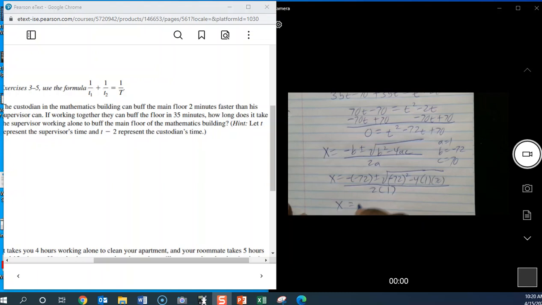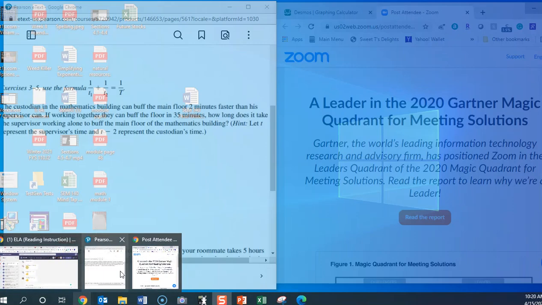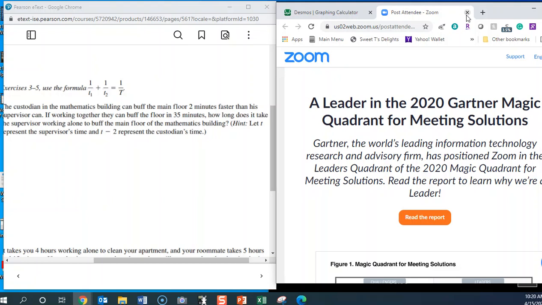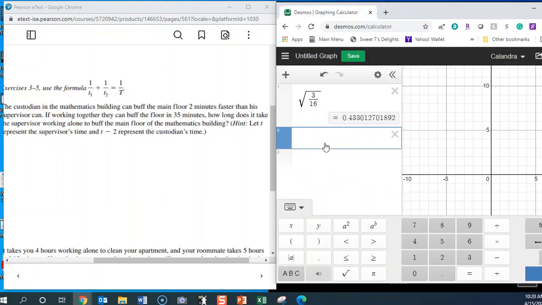So x is equal to 72 plus or minus. Now we would do negative 72 squared. We could put that in our calculator. Let me get this calculator going here. So we could do parenthesis negative 72 squared.